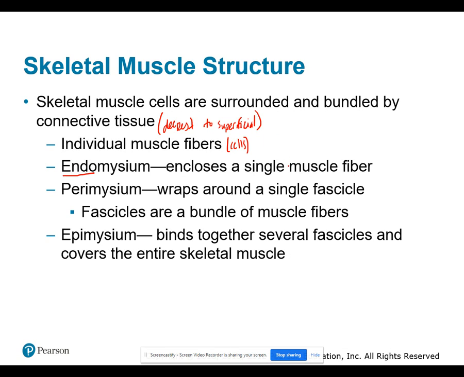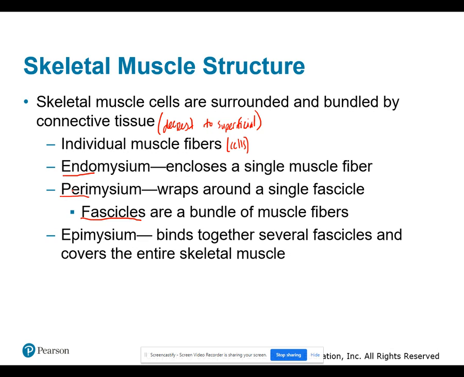Now, all of these muscle fibers, if you collect a lot of them and bundle them together, so a bundle of muscle fibers, they form something known as a fascicle. So a fascicle is just a bunch of these muscle fibers collected together. And then that fascicle is wrapped in something known as perimysium.